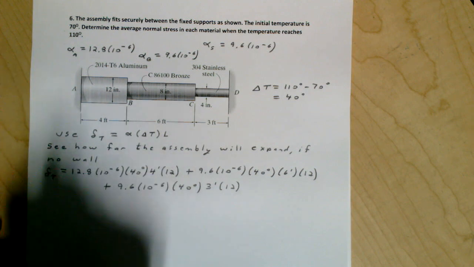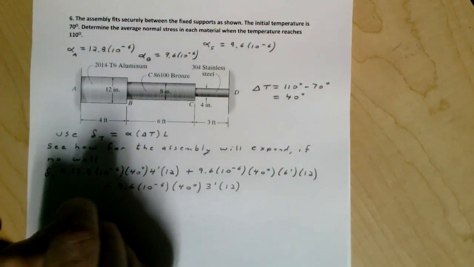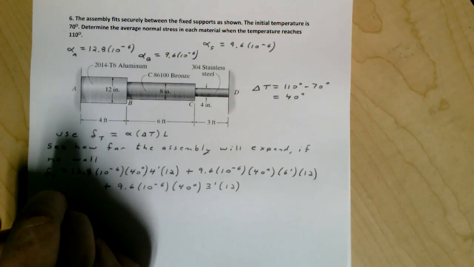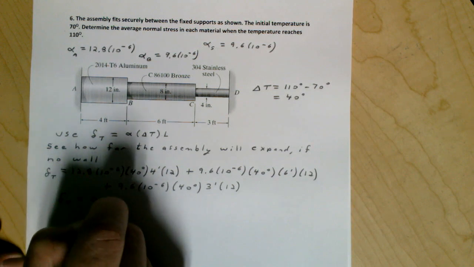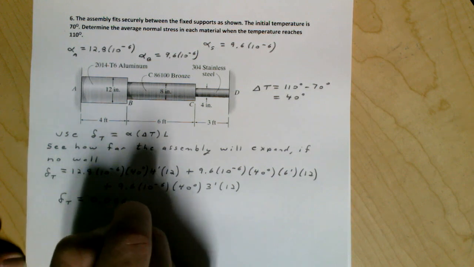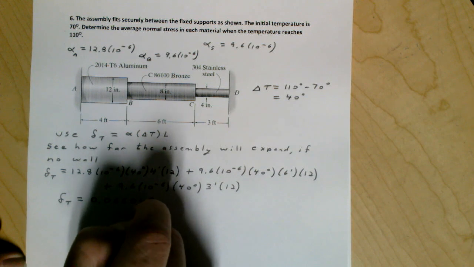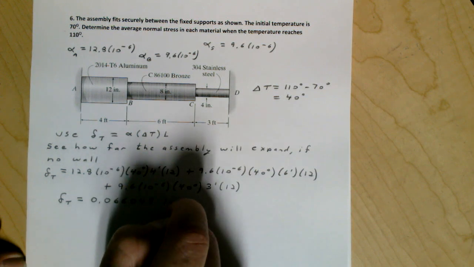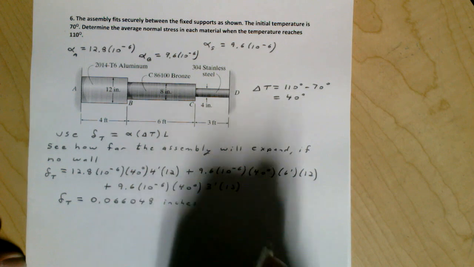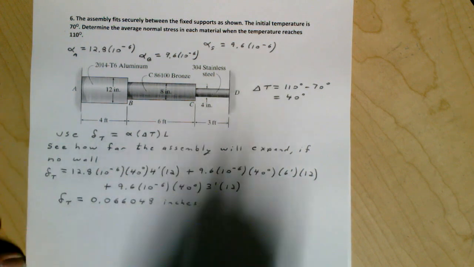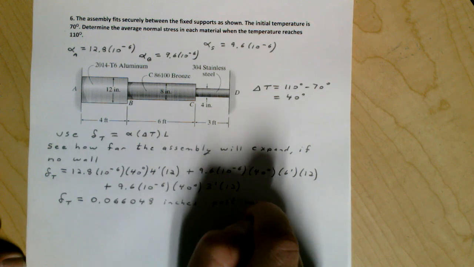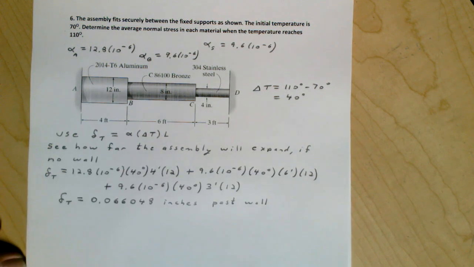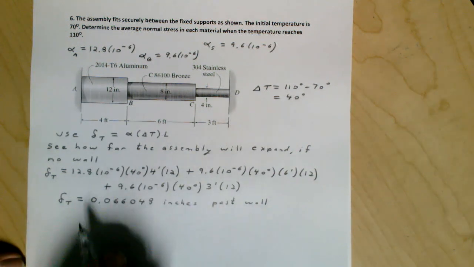And when you calculate all that, you find that it would expand 0.066048 inches. And it had started out at the wall, so that's going to be past the wall. So like we've done in the past, it's going to be this far past the wall.